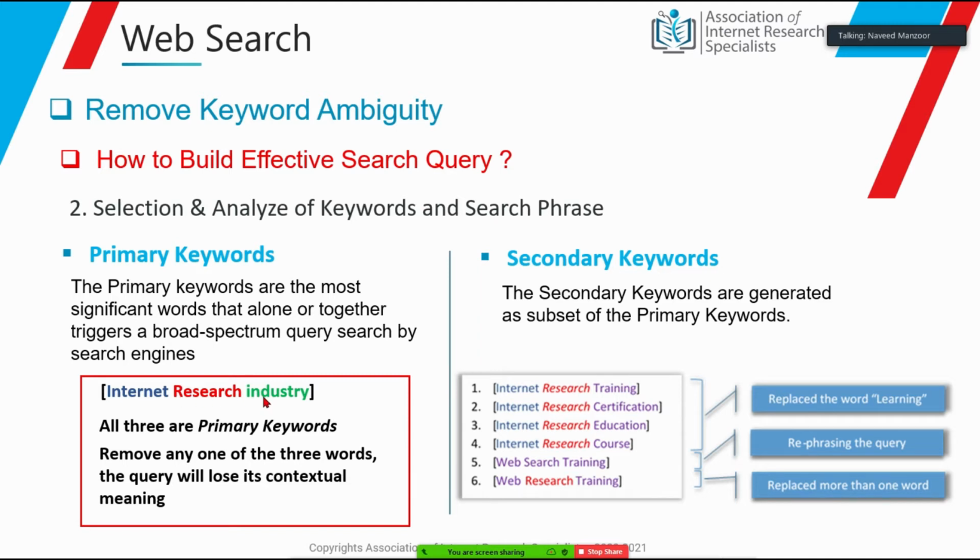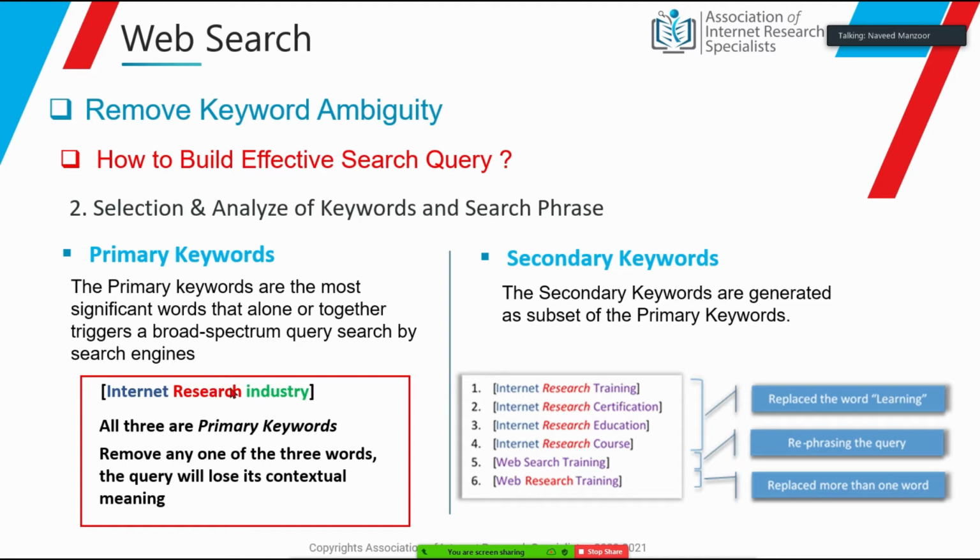So in losing any of these keywords, or two of these, or changing or reshuffling any of them, there would be an impact on the intent translation, and therefore all three of these will be considered primary search words or primary keywords.